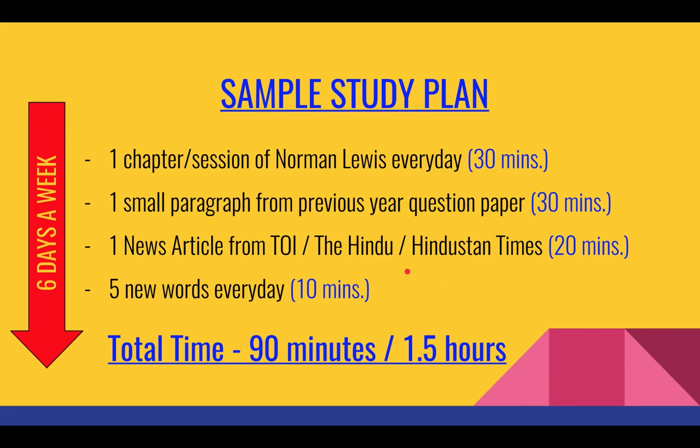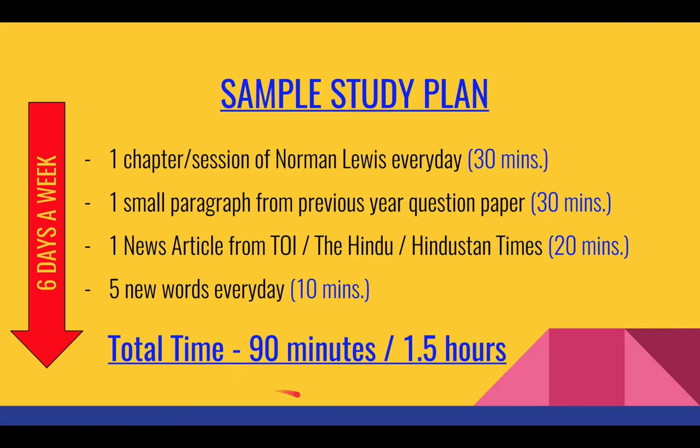So the total time this activity will take you is 30 minutes of the Norman Lewis Word Power Made Easy book, 30 minutes of previous year question paper reading the comprehension passages. Third is the news article. This will take you 20 minutes, and this activity will take you less than 5 minutes. I have written 10 minutes on the higher side.